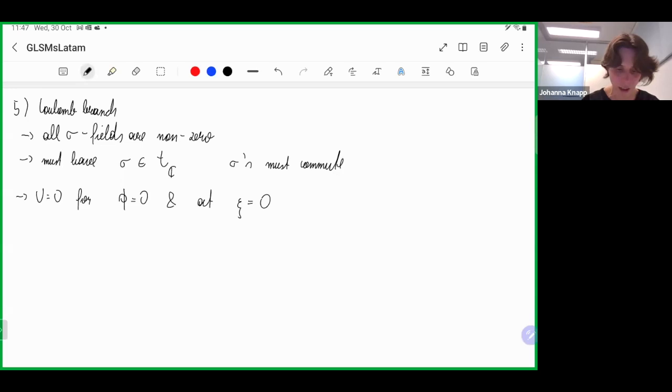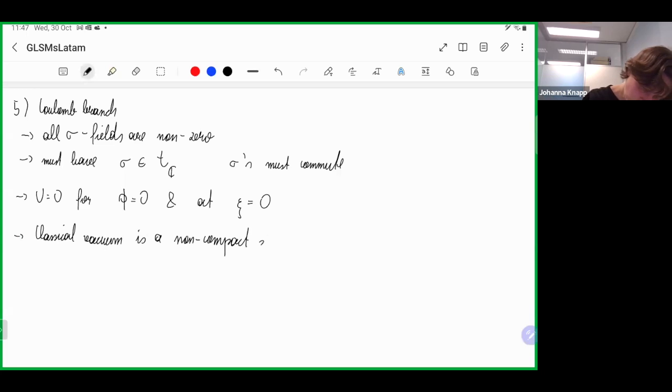The sigma fields live in the Lie algebra of the maximal torus, but that's pretty much it. They can take all kinds of values. They are not constrained by any potentials and interactions. That really changes the physics, that really changes the spectrum. So basically what that means is that the classical vacuum is a non-compact space, which is not bad, but it's physically very different.